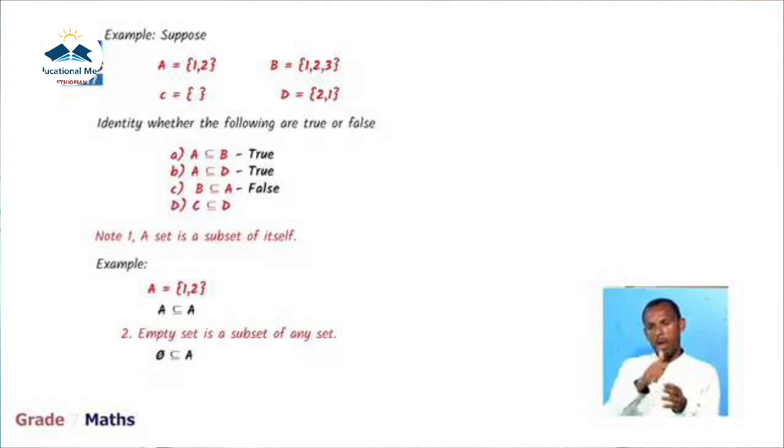So I can write like this: if set A is given, the empty set is a subset of any set A, whether set A is empty or any other set. Therefore, the empty set is a subset of any set. Now, let's proceed to the next concept, a proper subset.